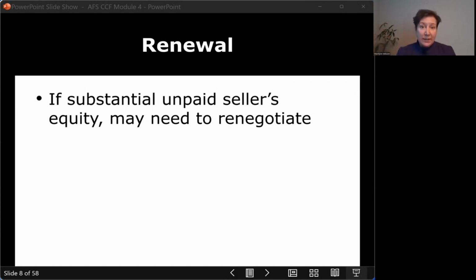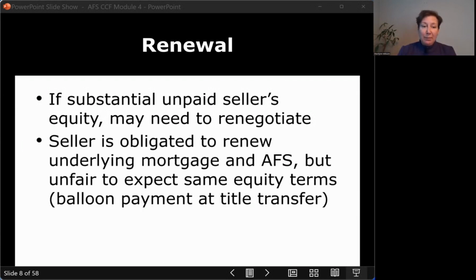Now you're requesting the renewal, which they are obligated to accept, but they're not getting any more money. So you may need to renegotiate some terms to make it more fair for them, because again, they do have to agree to the renewal, but it's not really fair to expect them to not get any benefit from the renewal.